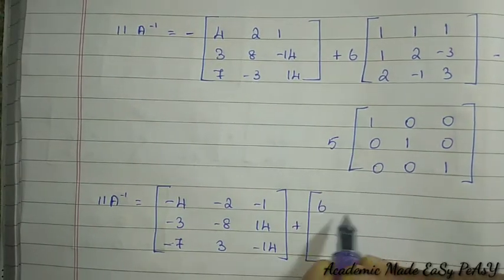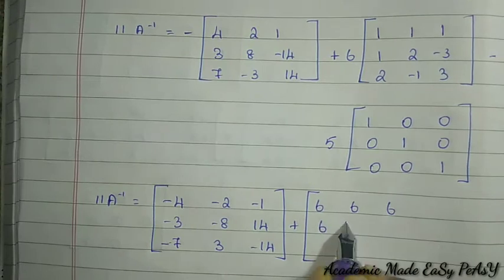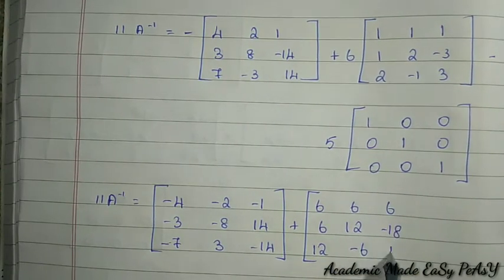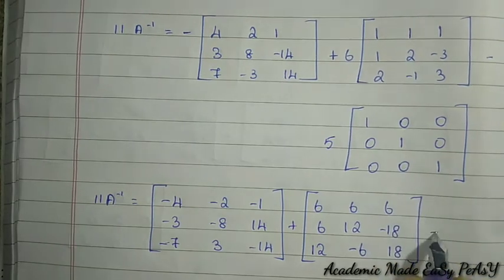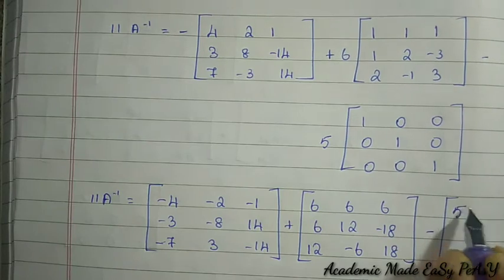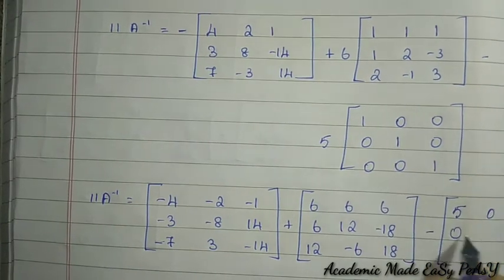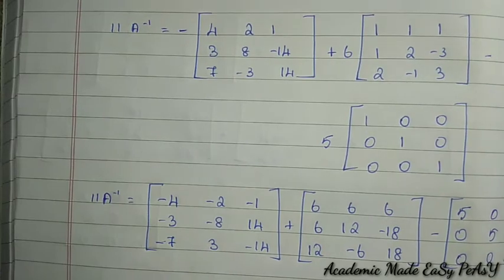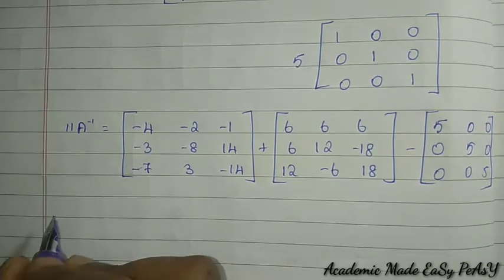So I will have plus 6, 6, 6, 6, 12 minus 18, 12 minus 6, 18, and then minus 5I, which I will take inside: 5, 0, 0, 0, 5, 0, 0, 0, 5. Now I will be subtracting.